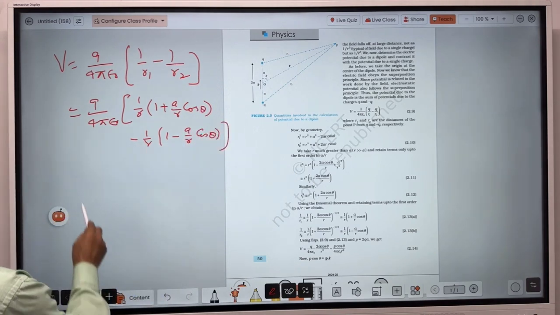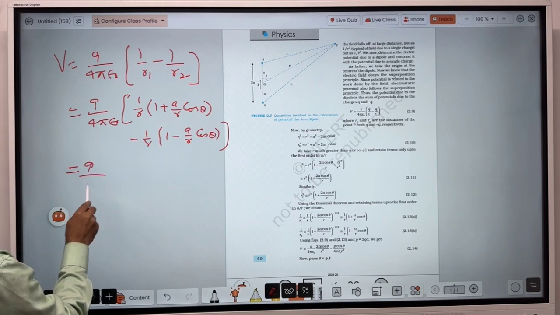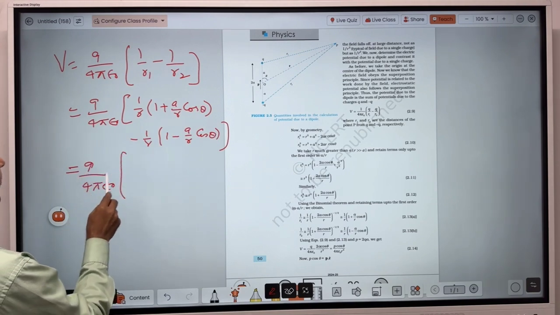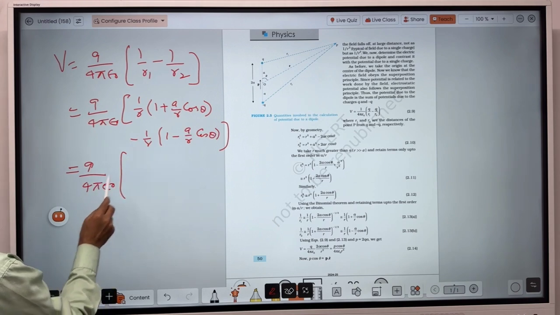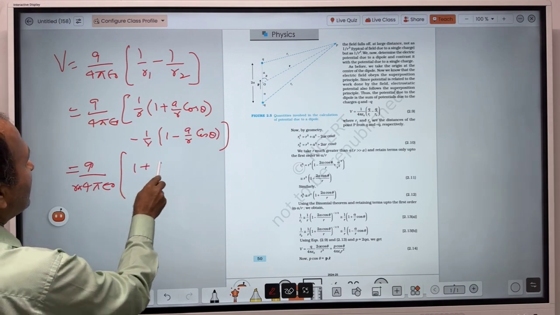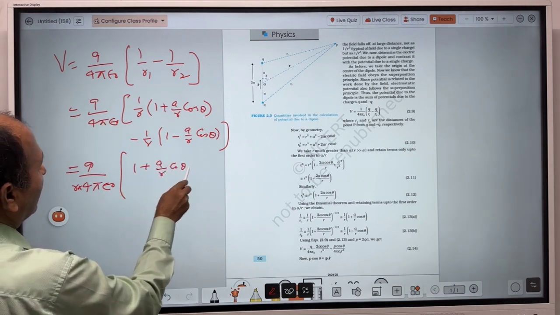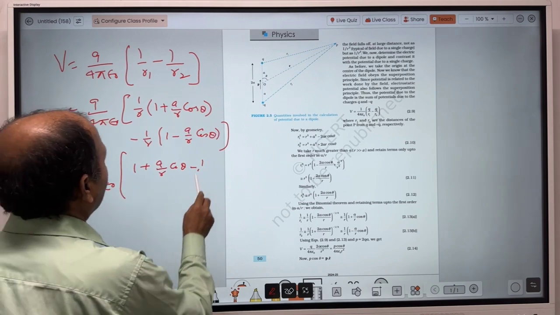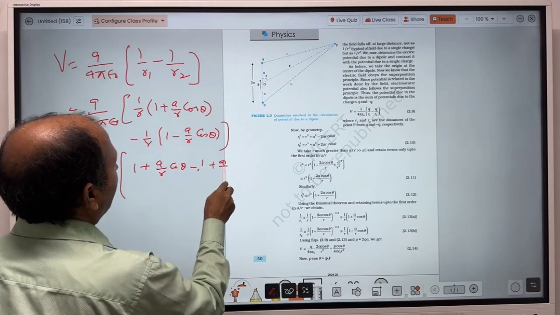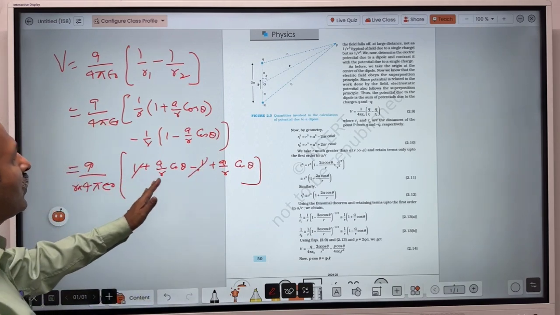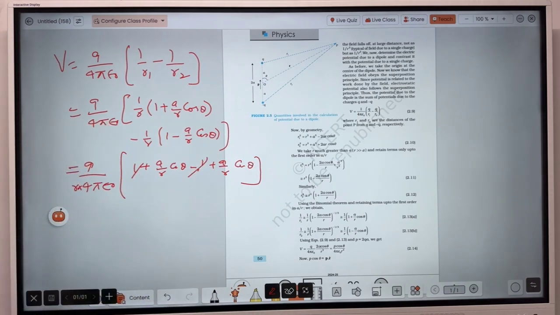Now if we open the bracket, what do we get? Q upon 4 pi epsilon naught r, since 1 upon r is common in both the terms, then 1 plus a upon r cos theta minus 1 plus a upon r cos theta. So the 1 will cancel out, leaving 2a cos theta upon r.